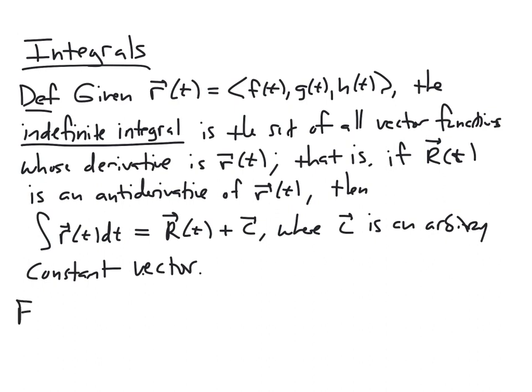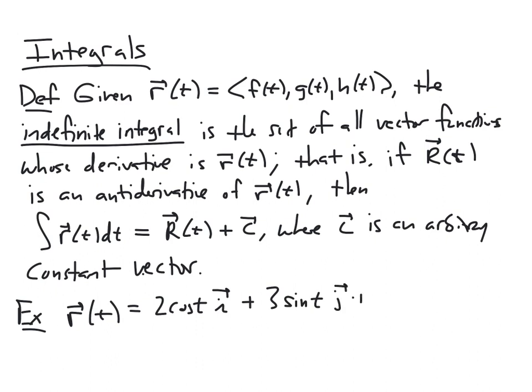So for a quick example of this, let's say I have a function r of t, which is given as 2 cosine t i plus 3 sine t j plus t k.